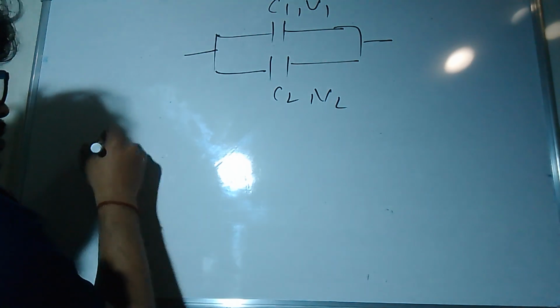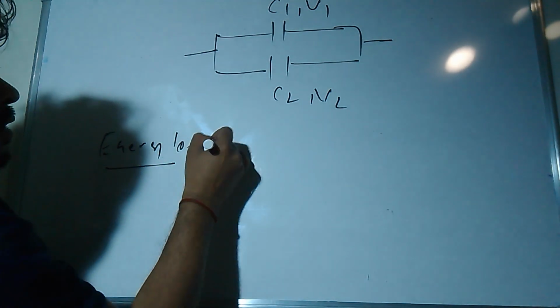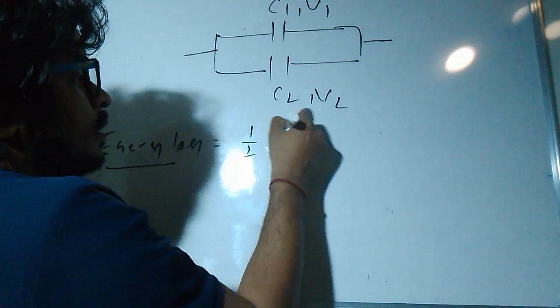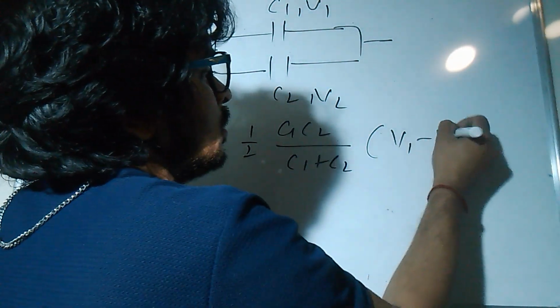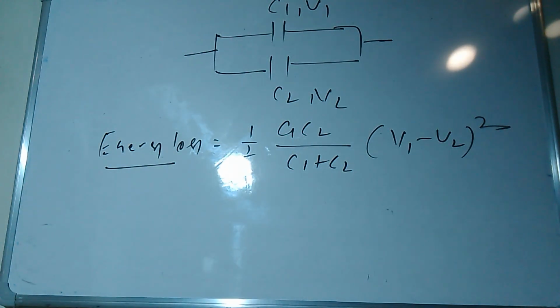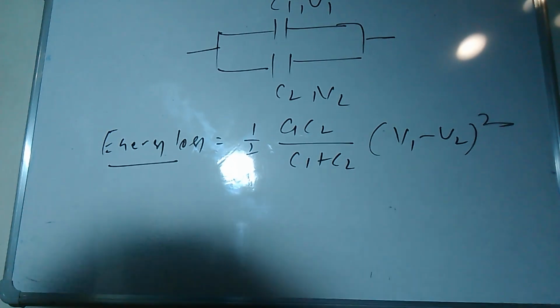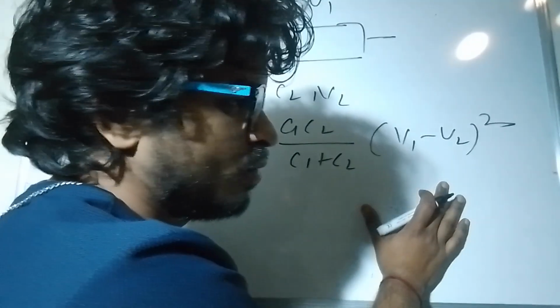So here I want to find out the energy loss. Energy loss is 1 by 2 C1 C2 divided by C1 plus C2, V1 minus V2 whole square.